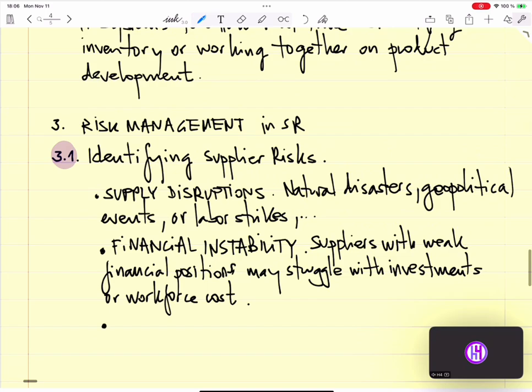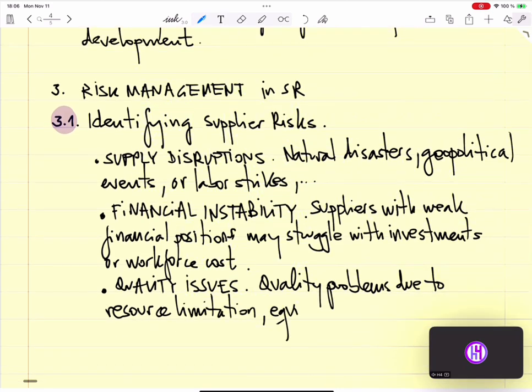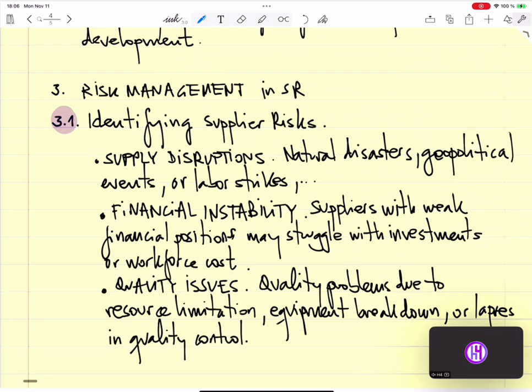Or quality issues: suppliers may face quality problems due to resource limitation, breakdown of equipment, or lapses in quality control. Okay.